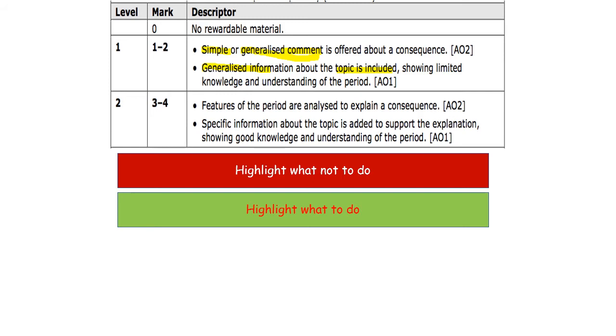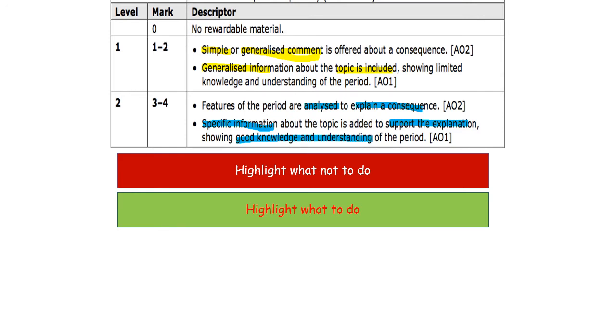To get the full marks, obviously, you need analysis to explain the consequence, and you need lots of specific, detailed information to support and back up your explanation. And throughout, you need to show good knowledge of the topic, in this instance, the Exodusters.